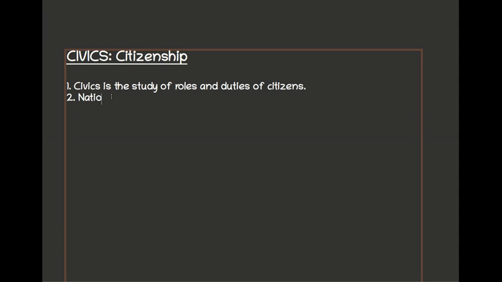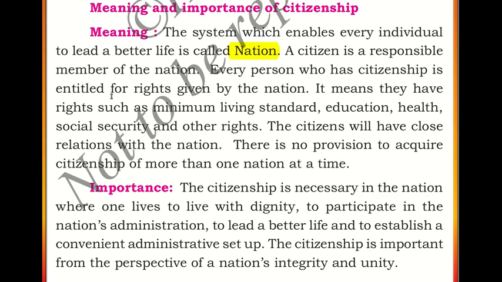They're also known as nations. And every member of that country is called a national or a citizen of that country. So what is a nation? It's a system which enables a better living for all its members. Okay? So that is called a nation.